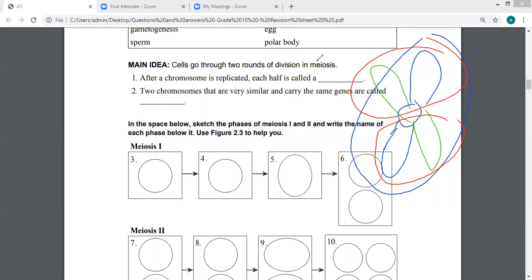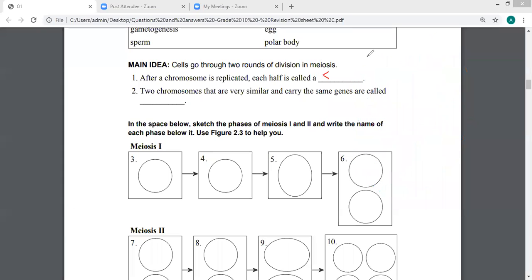The part inside the red circle is called sister chromatid. Excellent. Fatima, you got it? Yes. So you know now the difference between chromatid, chromosome, and sister chromatid, right? Yes.